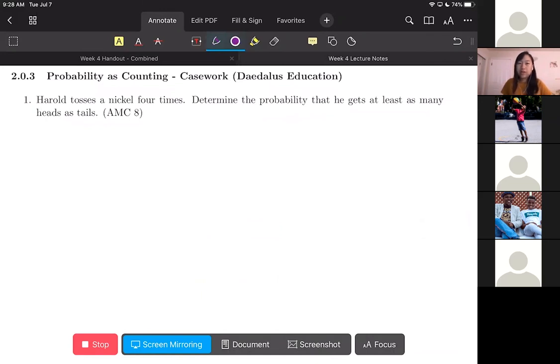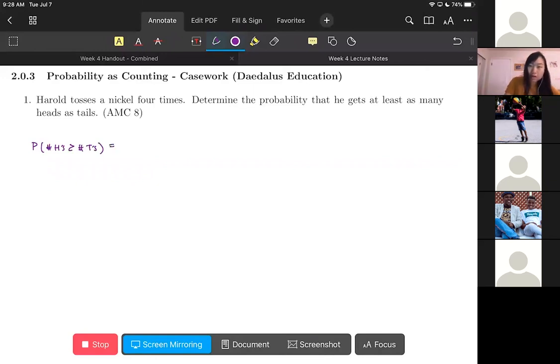Yeah, so let's break this down into, again, the 2 things we want to count. So first, let's say the probability that the number of heads is greater than or equal to the number of tails. All right, so that's what it means to be at least as many heads as tails.